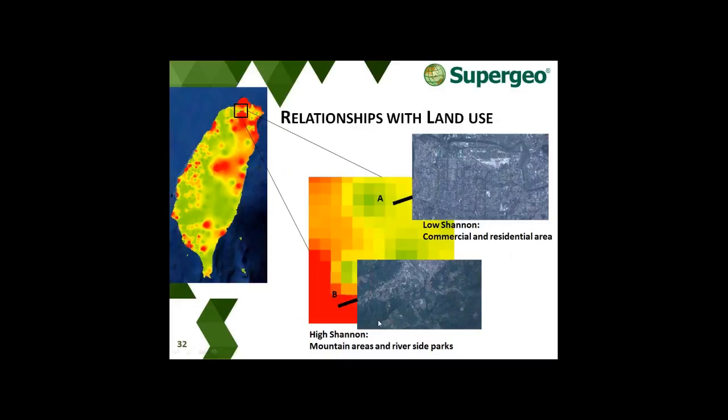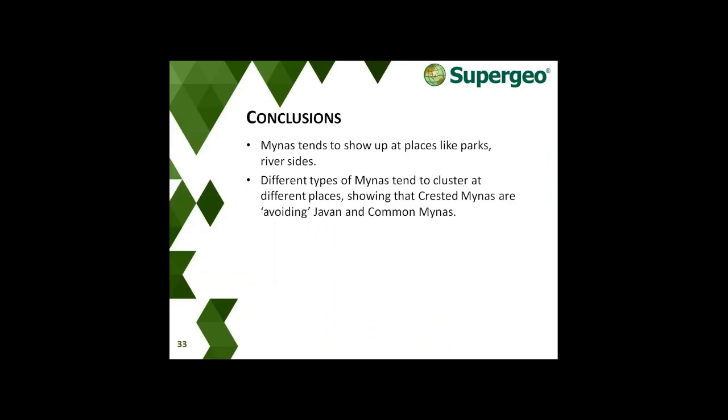In zone B, the Shannon index is high, and we find that the land use type in this area is almost all mountain, riverside, or forest. Therefore, it is easy to know that mynas tend to live in areas with dense vegetation. When urban planners reorganize the land use, they have to list more environmentally friendly spots for mynas.